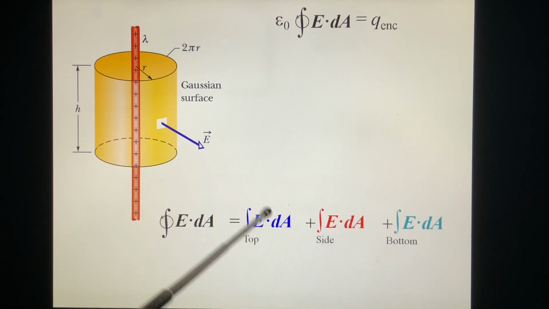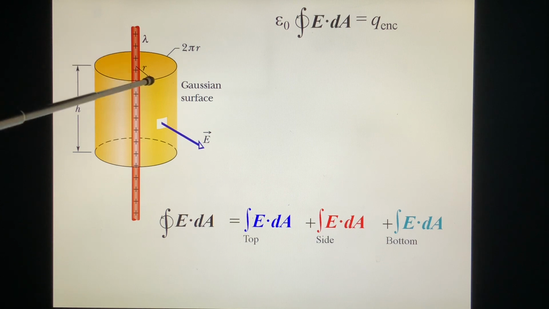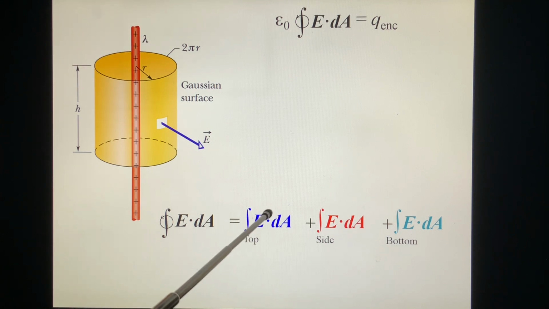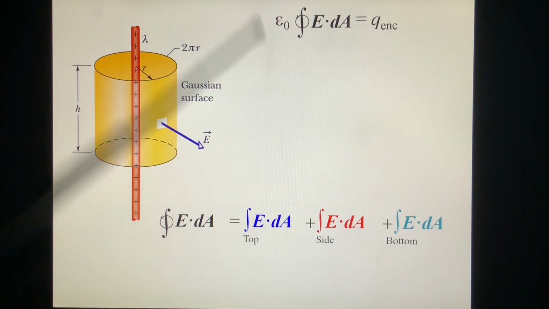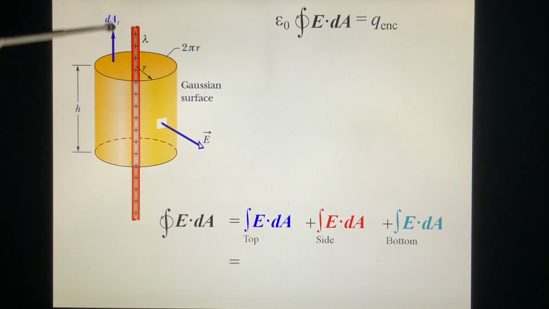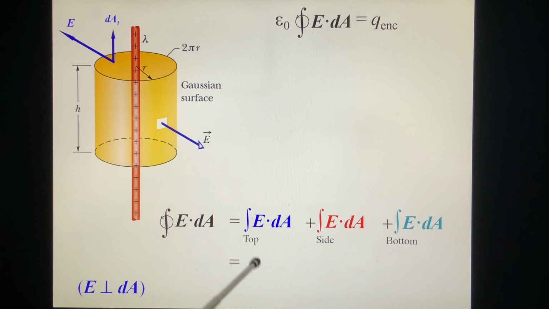On the top, E is perpendicular to the rod, and dA is perpendicular to the surface. This is dA, this is E, so they're perpendicular. So E dot dA is zero, and the integration equals 0.